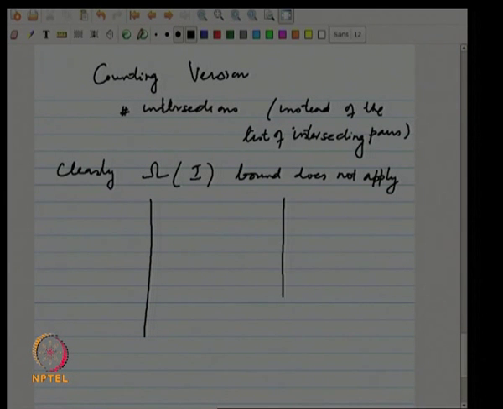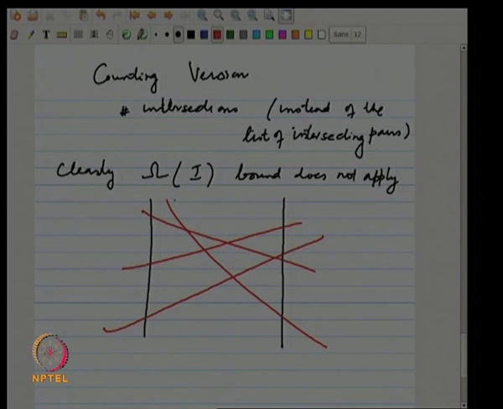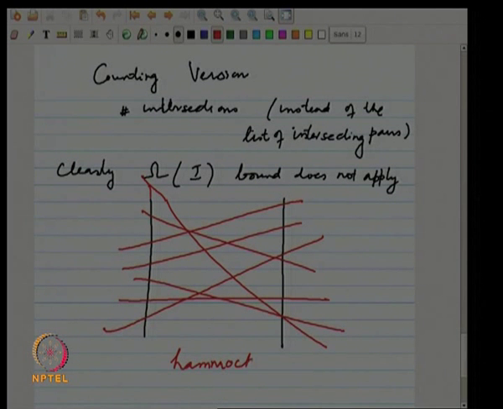I have a vertical slab, and I have line segments. Sometimes in geometry this structure is called a hammock structure. It looks like a hammock. The line segments do not end or begin within this slab; all line segments go completely through the slab.